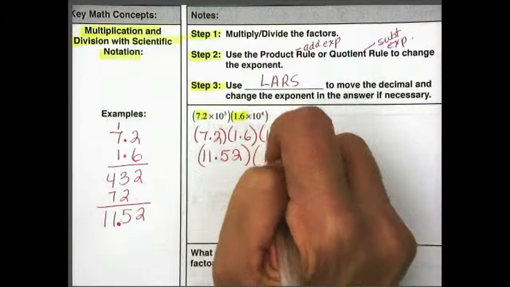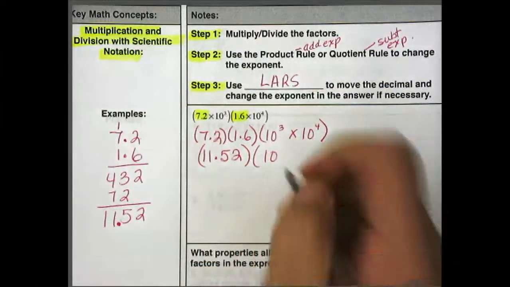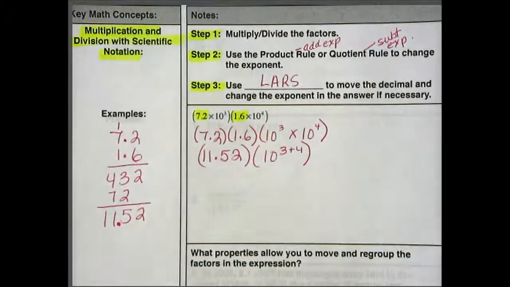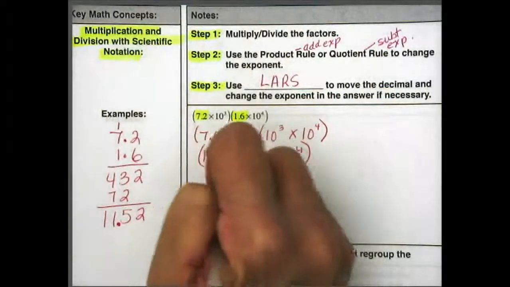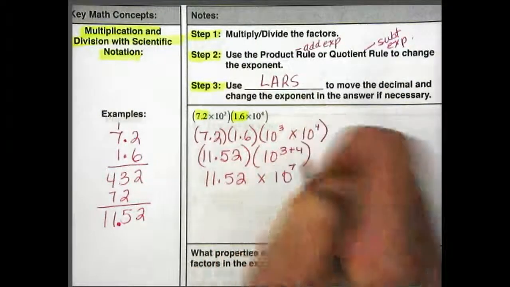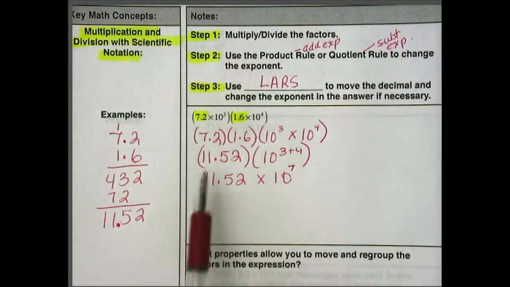And then we're going to have 10 to the, remember when we multiply these, we're going to add the exponents. So 10 to the 3 plus 4. So we get 11.52 times 10 to the 7th. But is this written in scientific notation? No, we have 2 places to the left of the decimal point. We can only have 1.